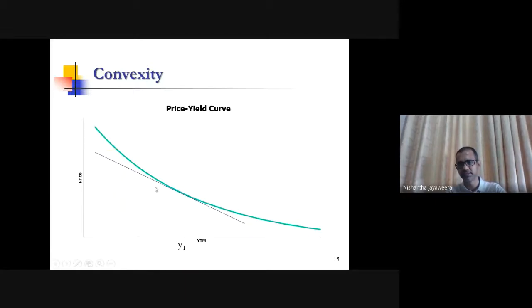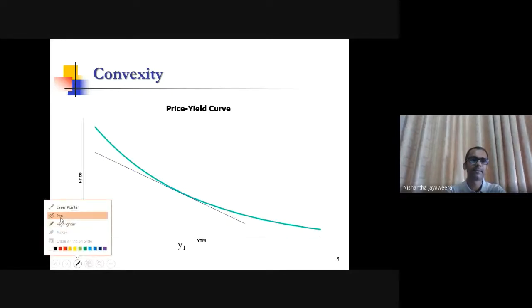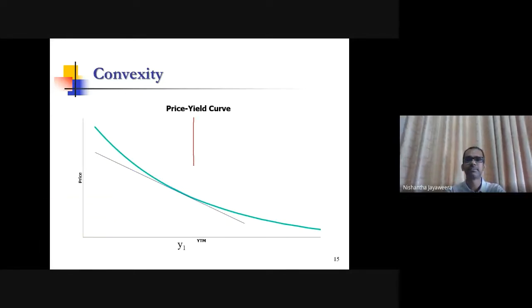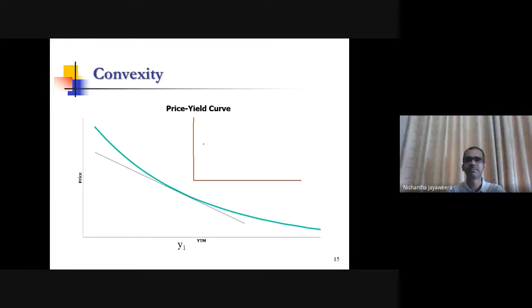So basically, it measures the slope of the curve. When the slope is high, what would happen? For a small change, the price change would be high. This is line 1 and line 2.